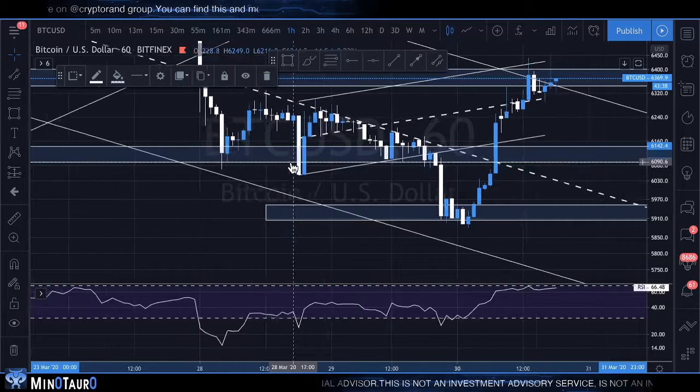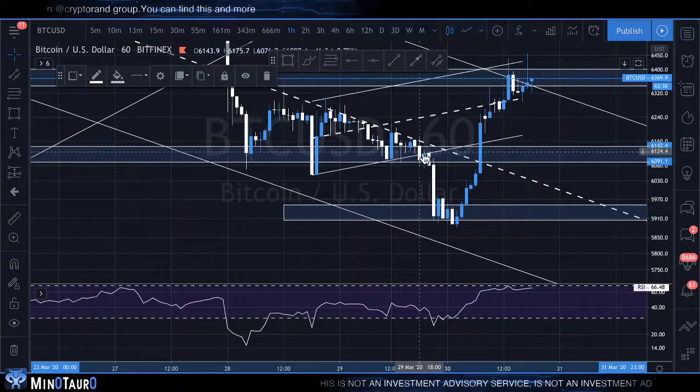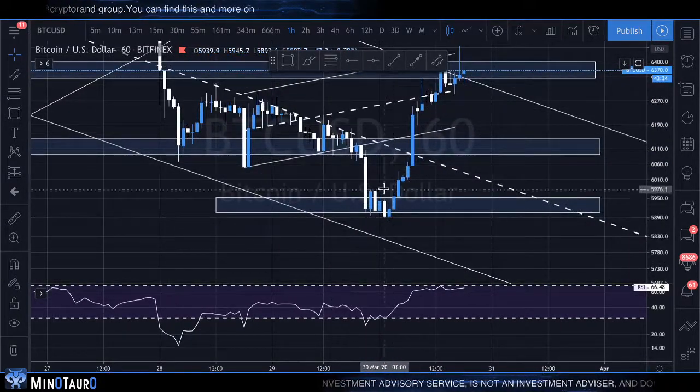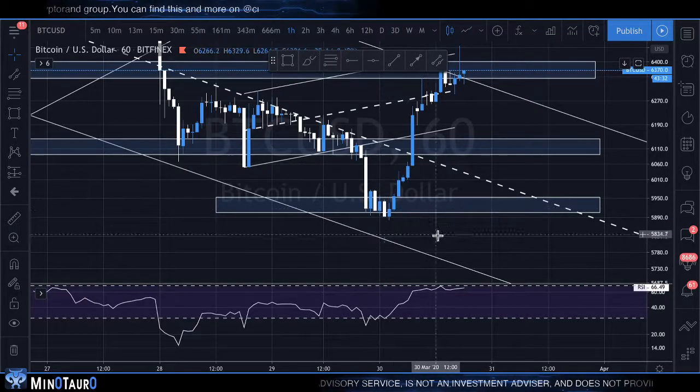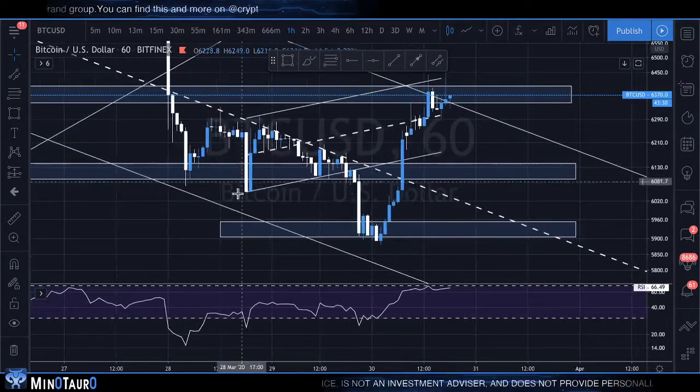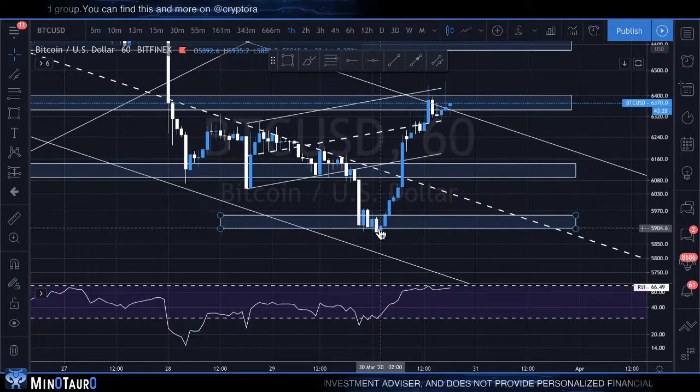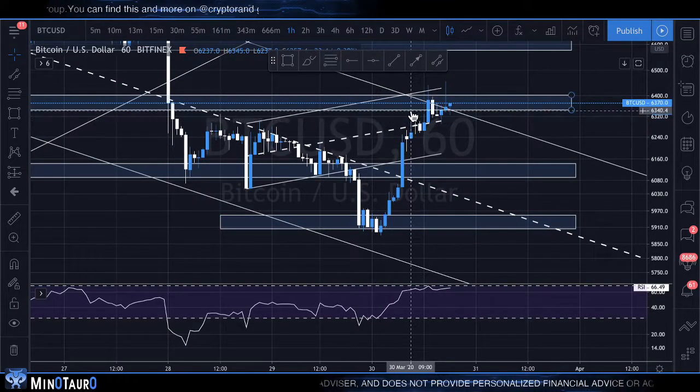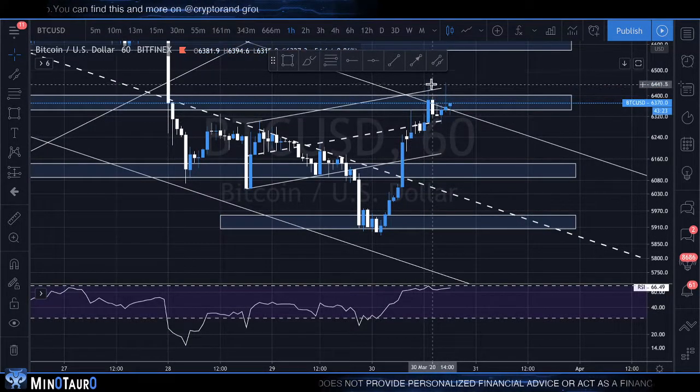This run was invalidated. It created the flag, went down. Here we have another divergence. What did the divergence do? It went more than 461, retrace plus 161.